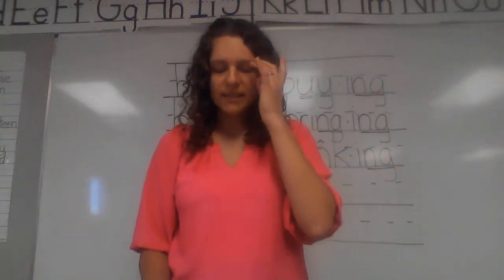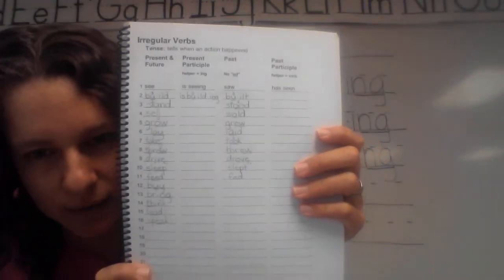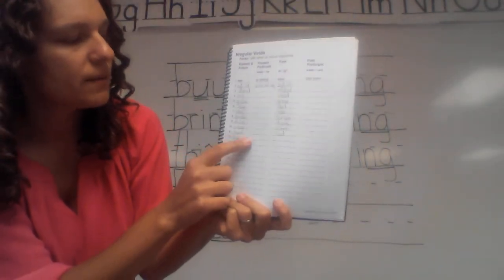After you have finished that class, I want you to write, these are irregular verbs, so we're on page 19 in our orthography notebook. We're going to write our present tense words on the side: buy, bring, think, lead, and speak. All right, then we're going to write the present participle.